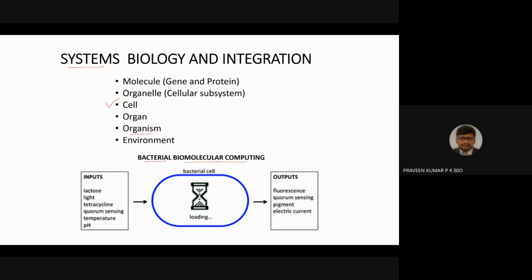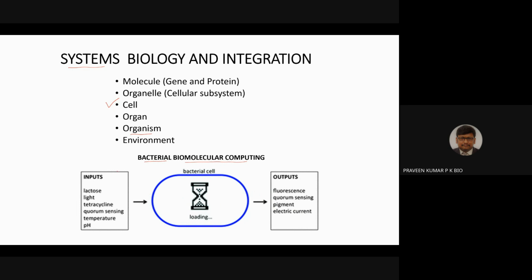Even cells can produce current, isn't it? The change of pH can also signify the variation with respect to electric current. So whatever inputs you provide, you have to write an input function and an output function, with whatever activation function you try, to get an output. Then after that, you have to feed this. So this is also a kind of systems biology.